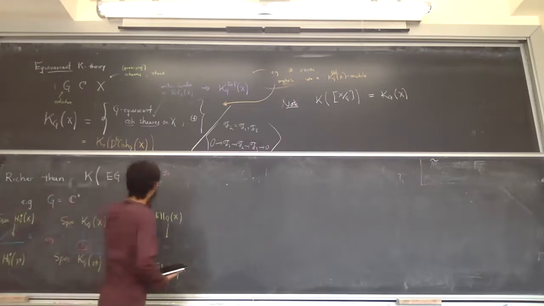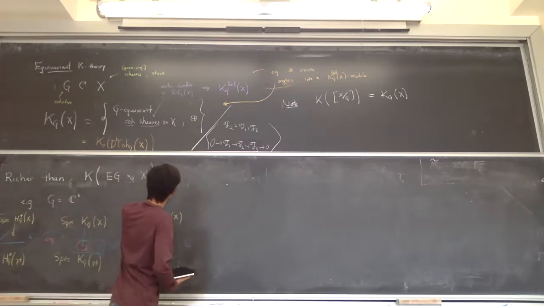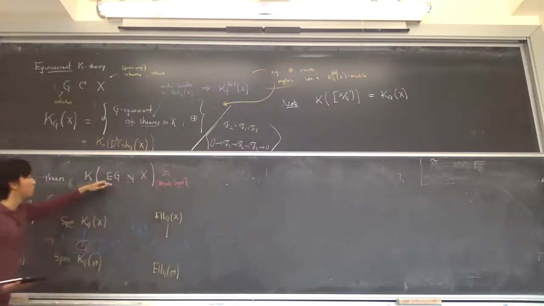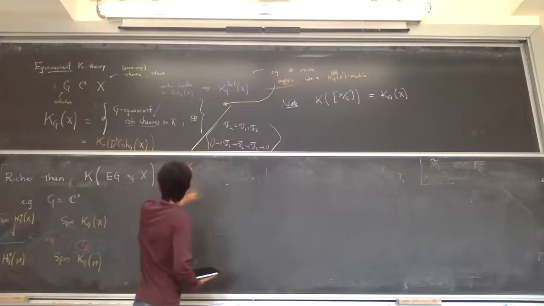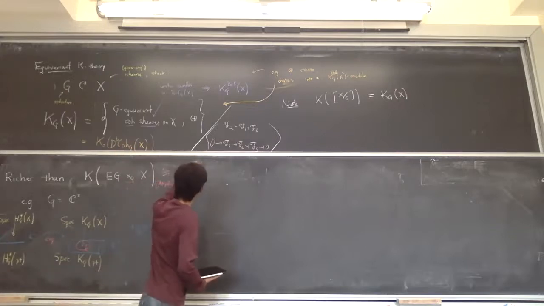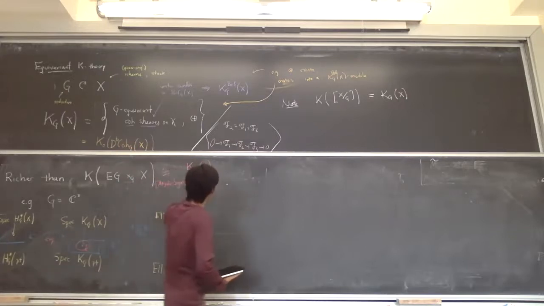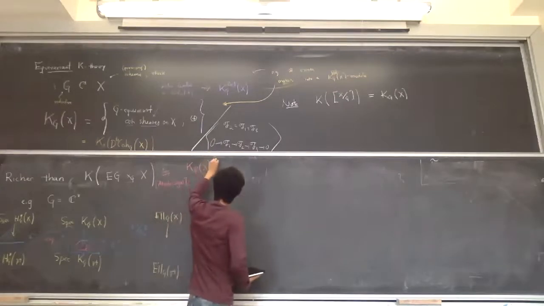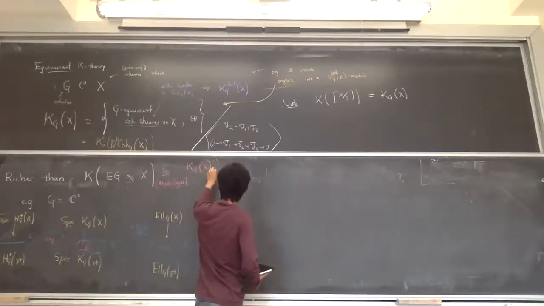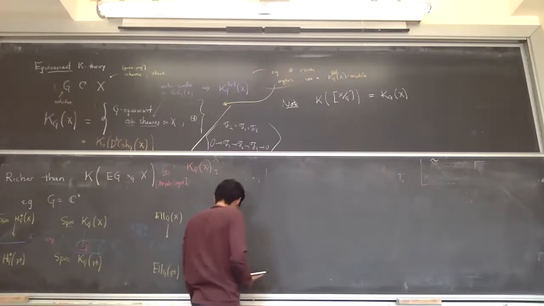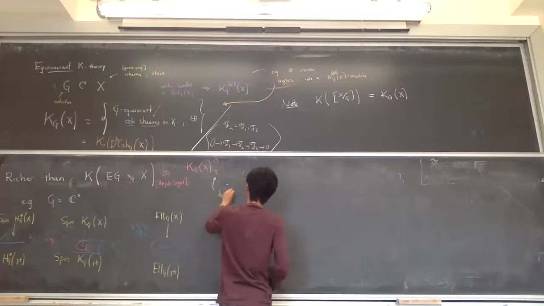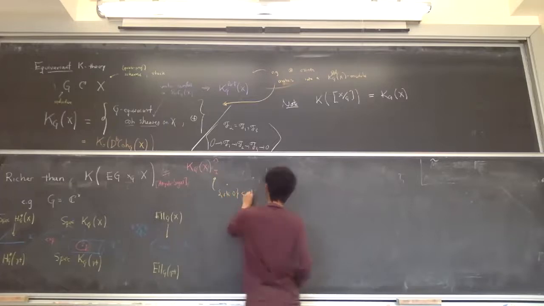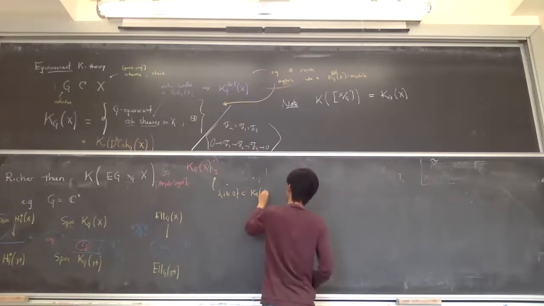The theorem says that if you try to do the usual Borel construction here, you're going to get the actual equivariant K group, K_G of X, but you'll only get its formal completion at the augmentation ideal. And the augmentation ideal here is just all rank 0 things inside K_G of a point.